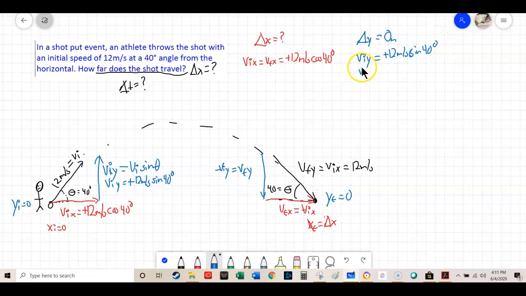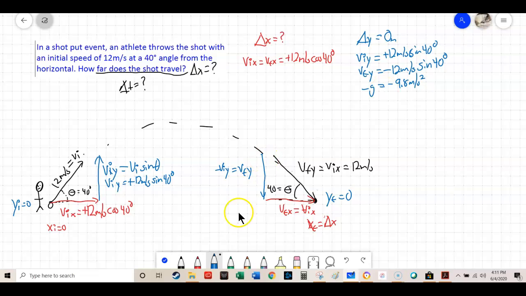We know the final velocity in the y direction is going to be coming down at that same speed because this is uniform motion. So it'll be coming down at 12 sine of 40 degrees. We also know the acceleration, which is gravity, is going to be negative 9.8 meters per second squared.